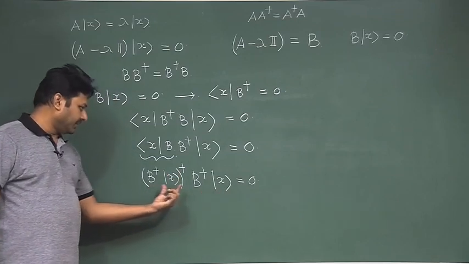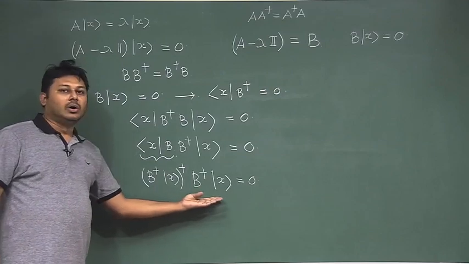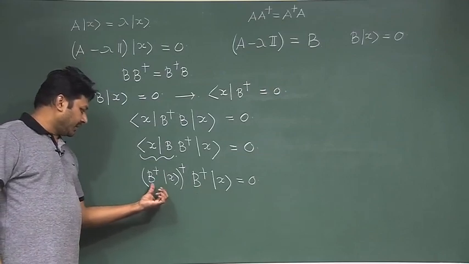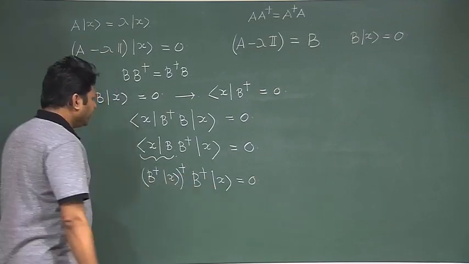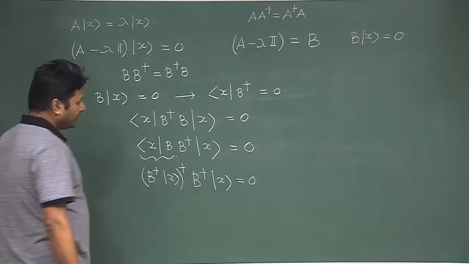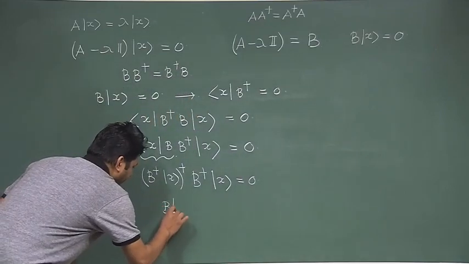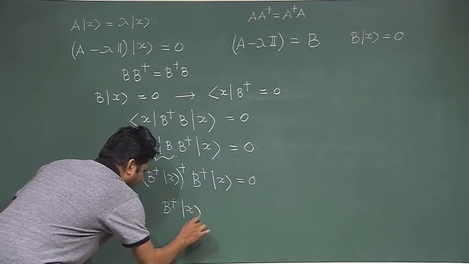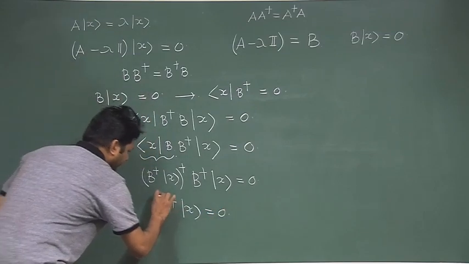So the daggered vector multiplied by the undaggered vector is nothing but the norm of the vector generated by operating B Dagger over x. Now this is equal to 0, which eventually means, from that I conclude B Dagger x is equal to 0. This is my first conclusion.